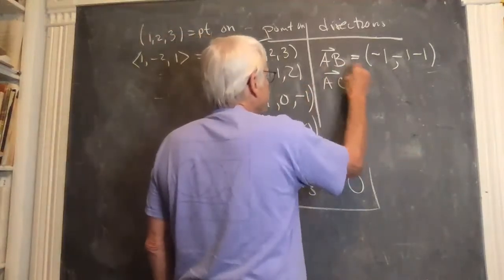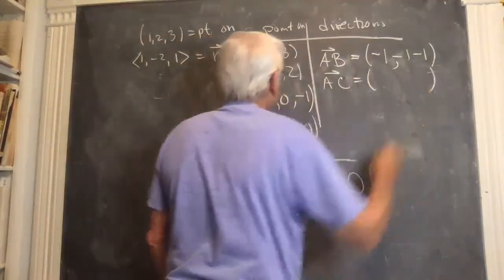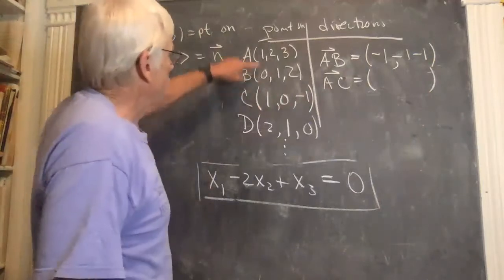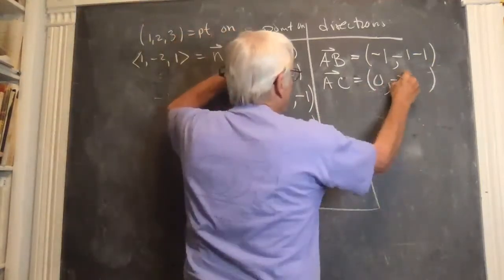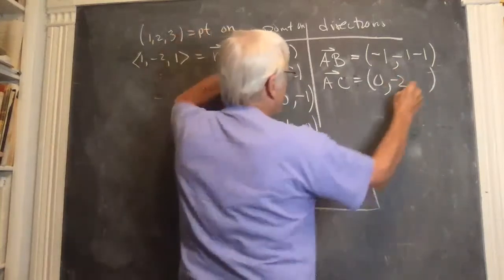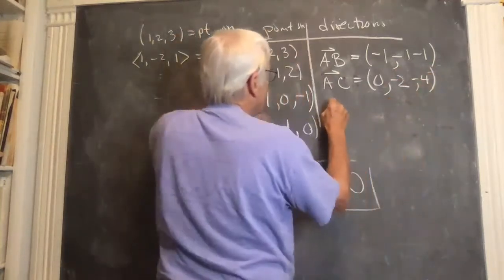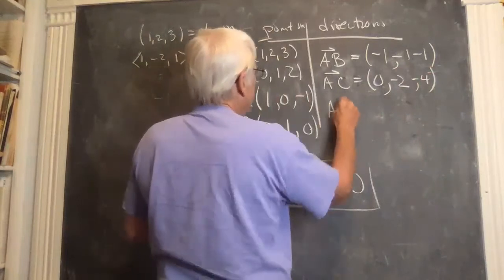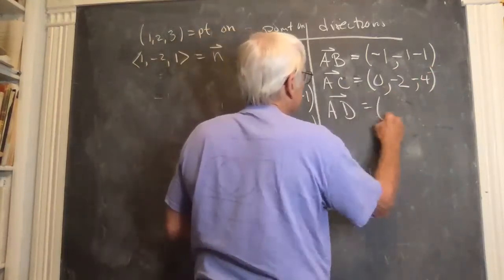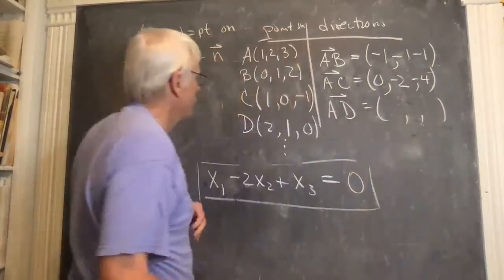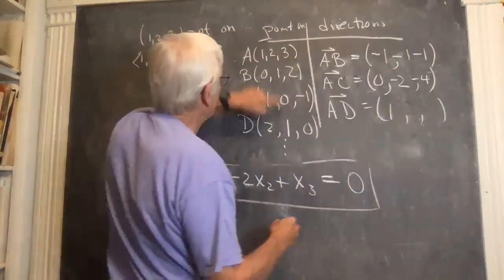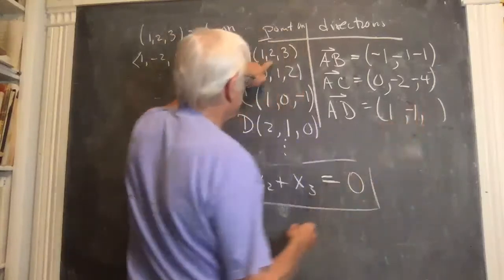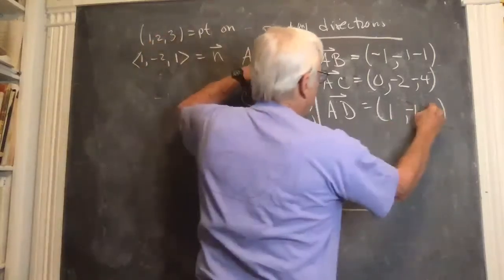AC, 1 minus 1 is 0. 0 minus 2, minus 1 minus 3. AD is 2 minus 1, 1 minus 2, 0 minus 3.